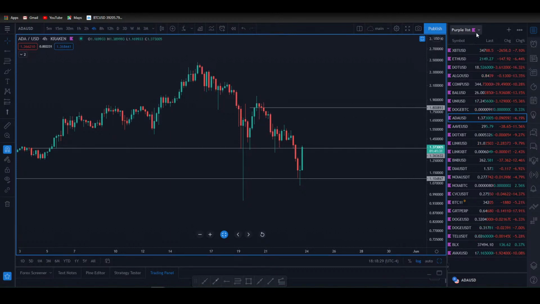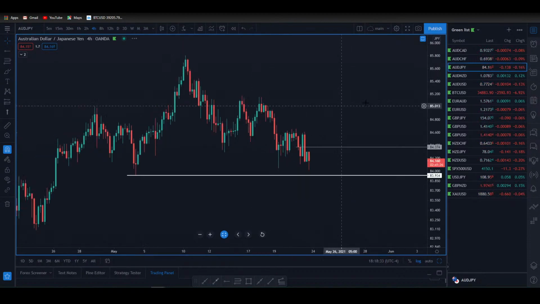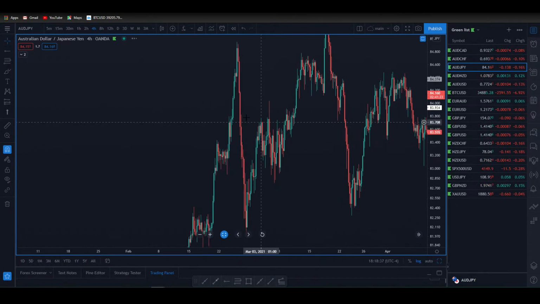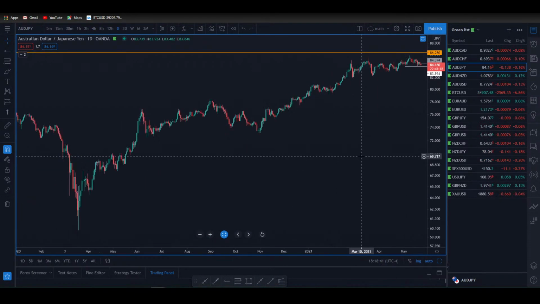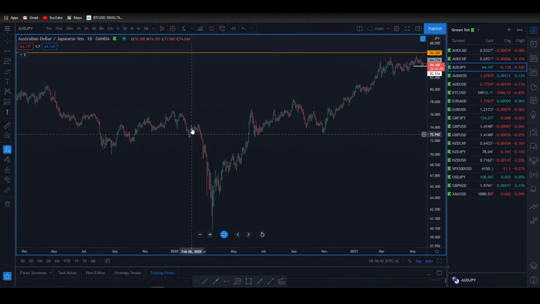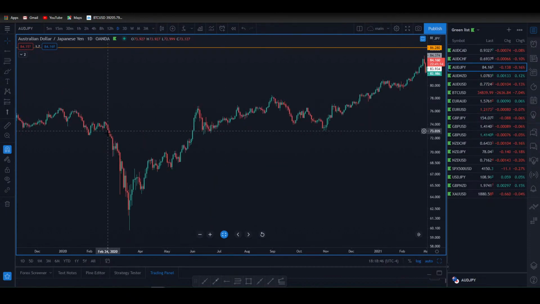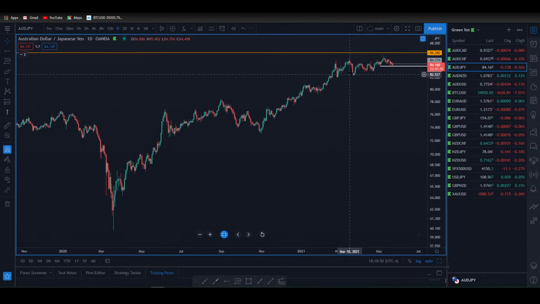The Aussie yen does look more like it's heading to the downside. However, this is not a crash. When the Aussie yen crashes, it crashes, right? Let's just go back over here to March. This is what the Aussie yen looks like when it crashes. If you put that into comparison with the price action you're seeing up here, it's literally nothing.